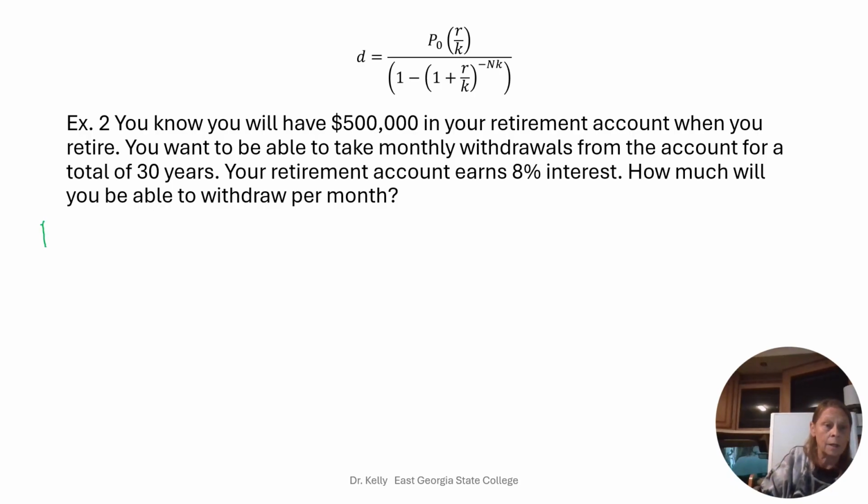So we've got our variables, P naught, D, R, K, and N. All right, and let's fill in everything. We got $500,000. That's our P naught, because that's how much money we're starting off with.